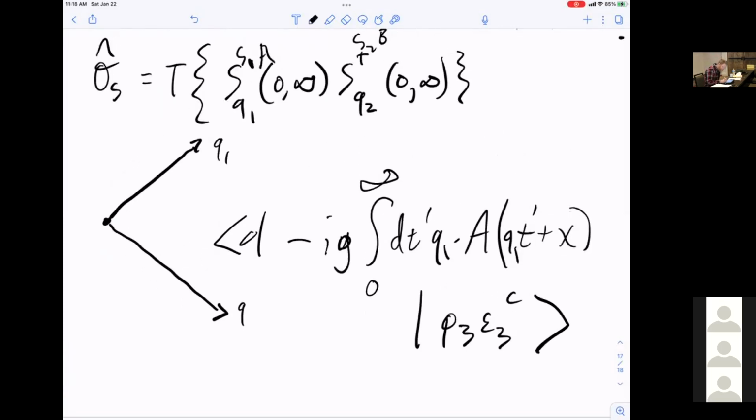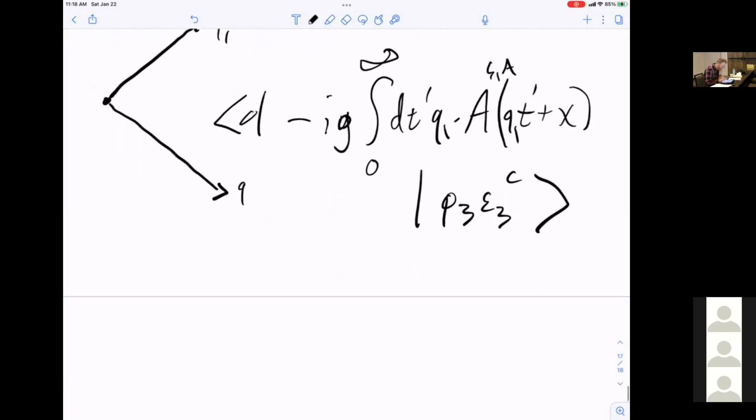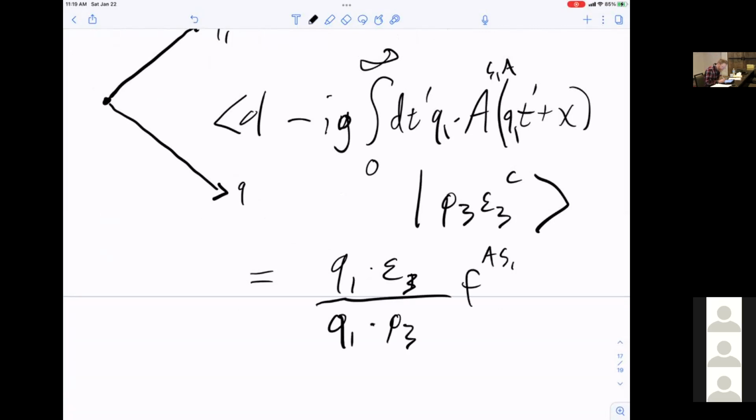So this would have the color index of S1 A. You can grind through the calculation, but what you will find is precisely my eikonal factor that I had up earlier.